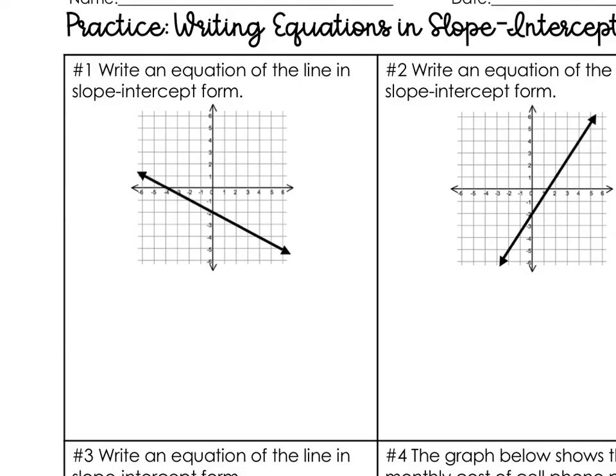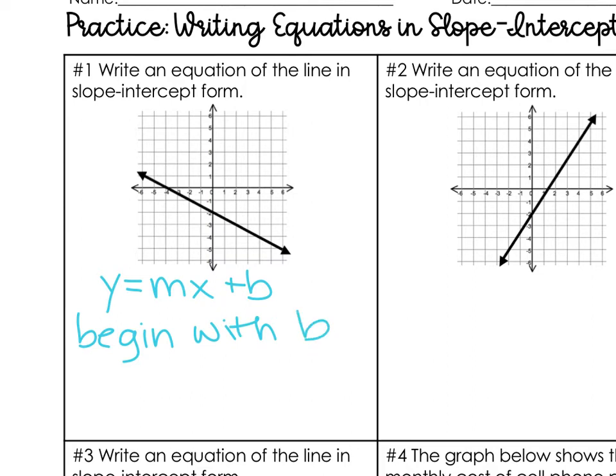Alright, so now we're going to do some examples. We're going to write the equation of the line using slope-intercept form. So as a reminder, slope-intercept is y equals mx plus b. And this b, I always say begin with b. And our b is our y-intercept.